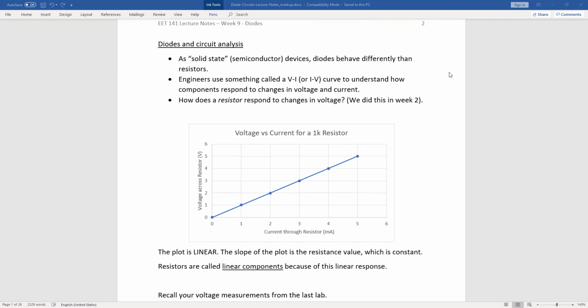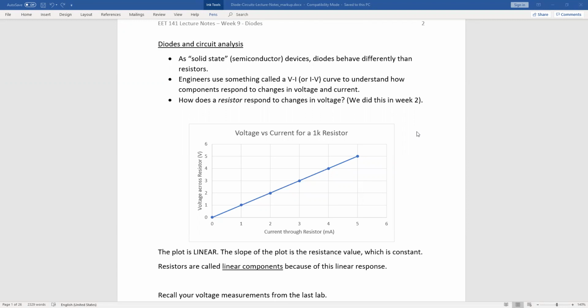What we use to analyze these components is a VI or an IV curve, depending on whether you have voltage on the horizontal or vertical axis. That's a plot we use to examine the workings of a component. We can look at that for a resistor, which is a much simpler component, and then compare the response of a resistor to the response of a diode, for instance.